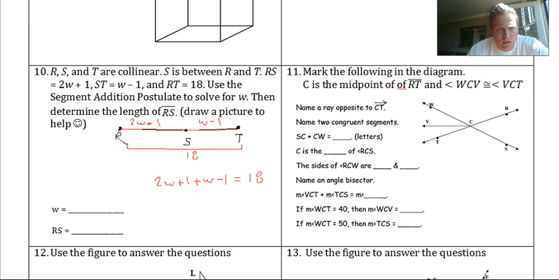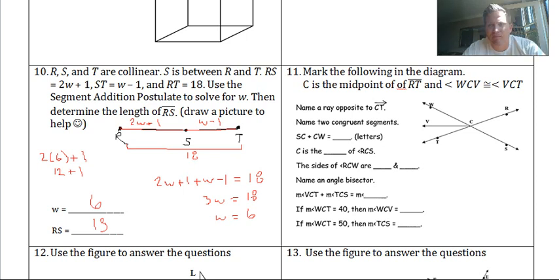Okay, so I'm going to get right here 3W, combine like terms, the 1's cancel, 18, W is going to equal 6. And we are trying to determine the length of RS. So RS is 2 times W, which is 6, plus 1, and then this is going to give me 12 plus 1, which is going to give me 13. So RS is 13, W was 6.